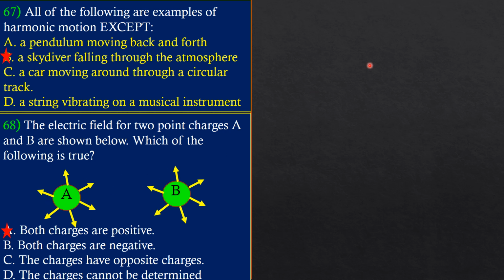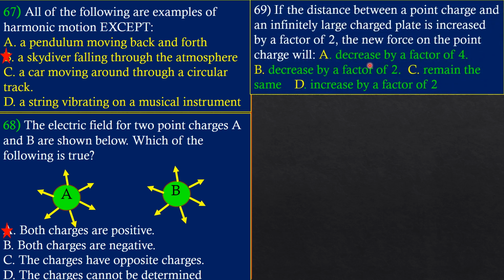Friends, question 69 is simply saying that if the distance between a point charge and an infinitely large charged plate is increased by a factor of 2, the new force on the point charge will, these are the options.